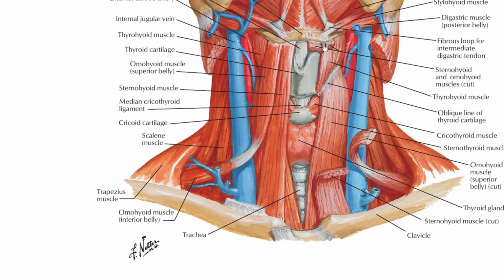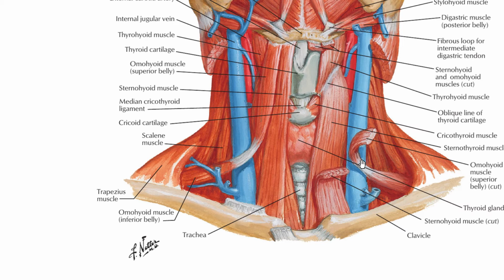On the left side, look at this. These same two muscles, omohyoid and sternohyoid, have been cut here, and this is the sternohyoid muscle that has been cut, and the part in between has been removed. This is the cut belly, or superior belly, of the omohyoid.